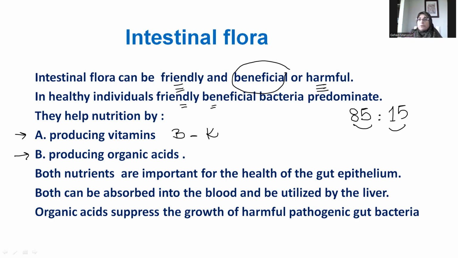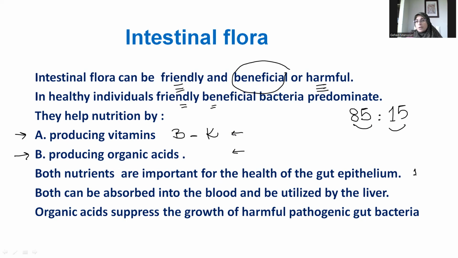As we said before, organic means that it must contain carbon and hydrogen. An acid is a substance that produces hydrogen ions in the solution. These substances, the vitamins from one side and the organic acids from another side, are important for many things.